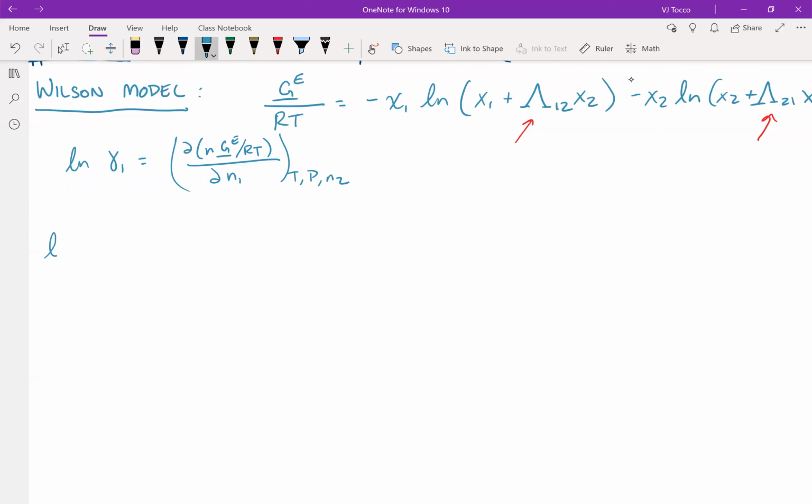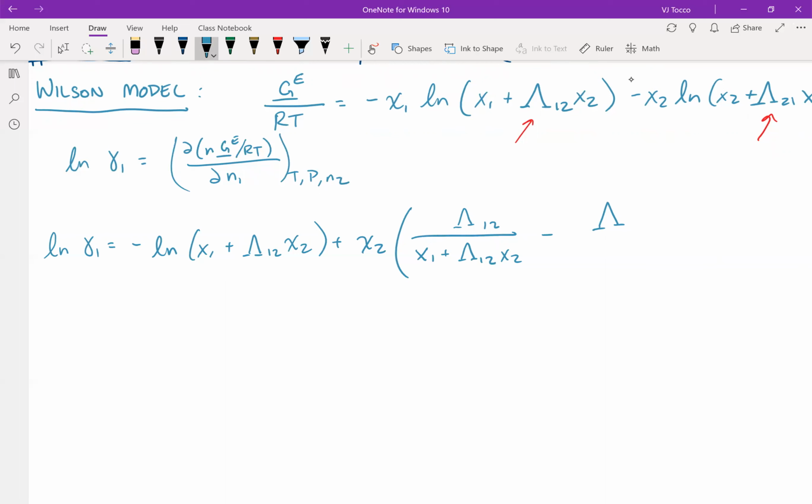The end result for the activity coefficients of the Wilson model, I will write for you here. ln of gamma 1 is minus ln of x1 plus lambda 1,2 x2, plus x2 times the quantity lambda 1,2 over x1 plus lambda 1,2 x2, minus lambda 2,1 over x2 plus lambda 2,1 x1.